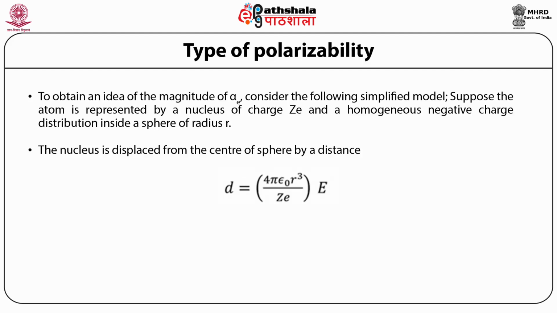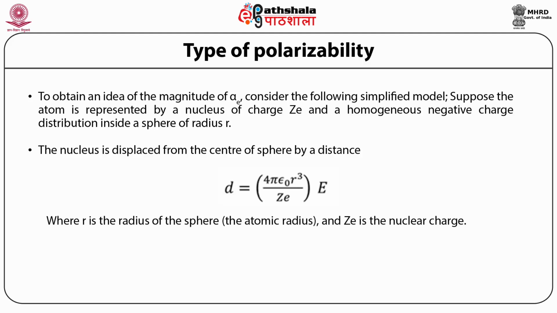If the nucleus is displaced over a distance d under the influence of the field E, as shown in figure 2, it can be shown through laws of electrostatics that when a field E is applied to this atom, the nucleus is displaced from the center of the sphere by a distance d equal to 4 pi epsilon 0 r cubed by Ze into E, where r is the radius of the sphere, the atomic radius, and Ze is the nuclear charge.